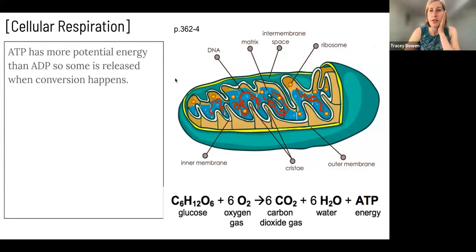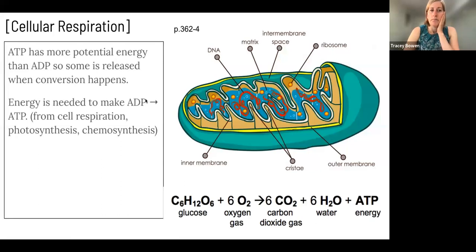ATP has more potential energy than ADP, so some is released when this conversion happens, meaning that ATP is converted into ADP. But energy is needed to make ADP go back into ATP, and there are specific adaptations inside the mitochondria that allow for a concentration gradient buildup, and then that flow of ions back down the concentration gradient generates the energy to rephosphorylate ATP.